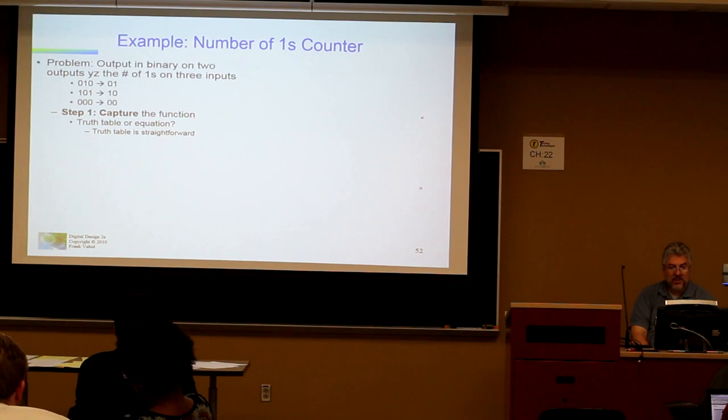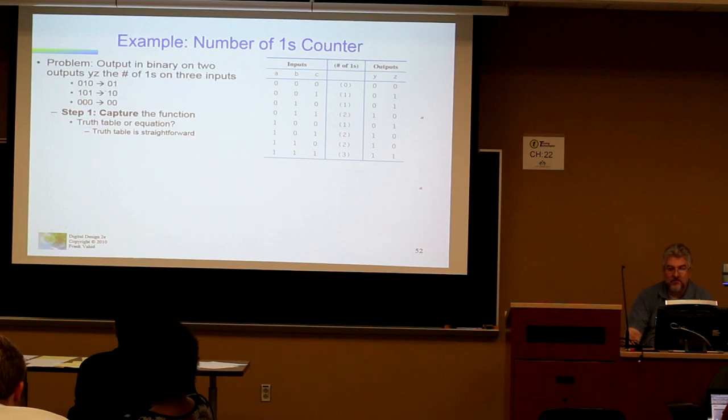So it looks like the truth table would be relatively easy to identify because, counting up the number of 1s, you would have A, B, C, multiple inputs, multiple outputs. Remember, we've seen an example where you can do that. And then you could convert this into the equation.